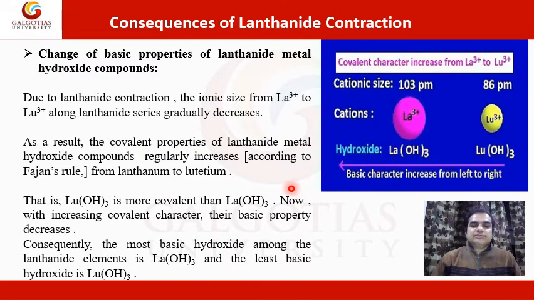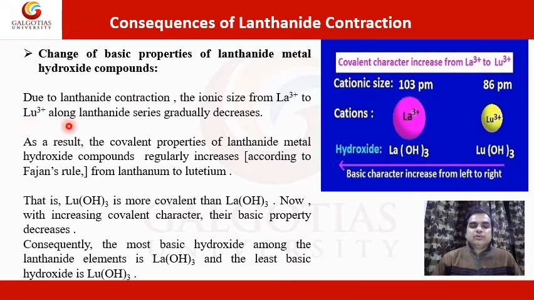Now, what are the various consequences of lanthanide contraction? In the next few slides, we will discuss them. The first consequence is the change of basic properties of lanthanide metal hydroxide compounds.